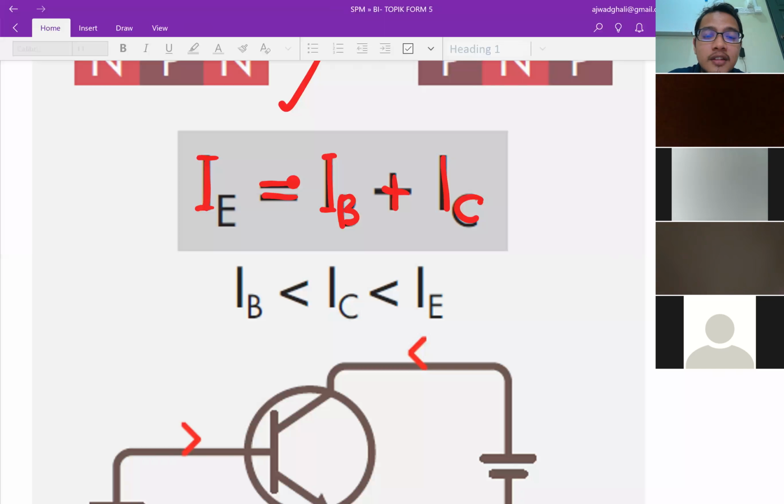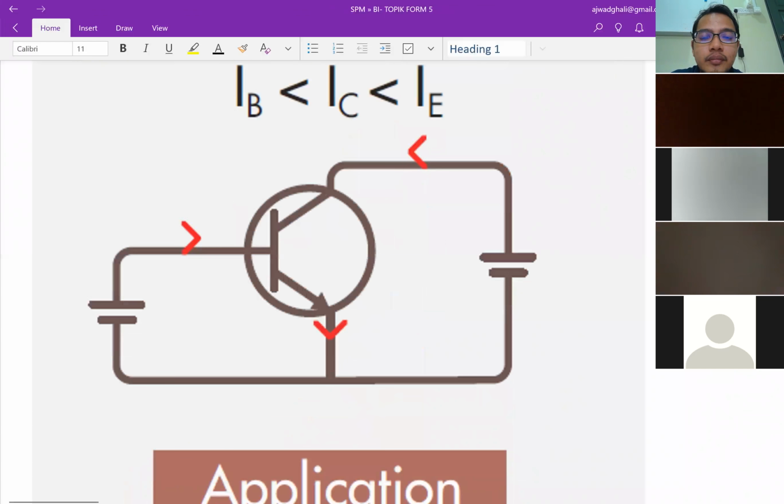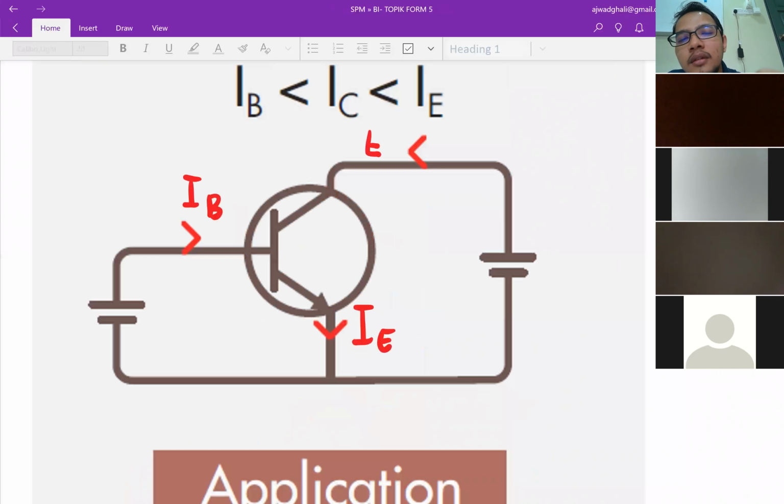To understand that, it's like this. This is the emitter current, this is the base current, and this is the collector current.